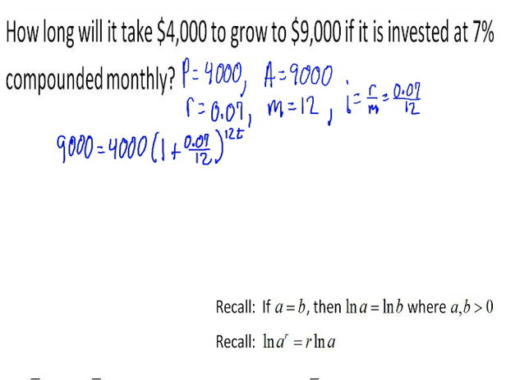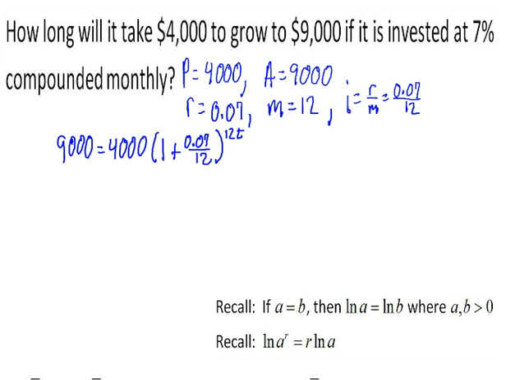So plugging those into the compound interest formula, we get that 9,000 is equal to 4,000 times 1 plus 0.07 over 12, all of that raised to the 12 times t, where again t is the number of years. And 12t would be the number of times it's compounded to get from 4,000 to 9,000. So we need to solve for t.